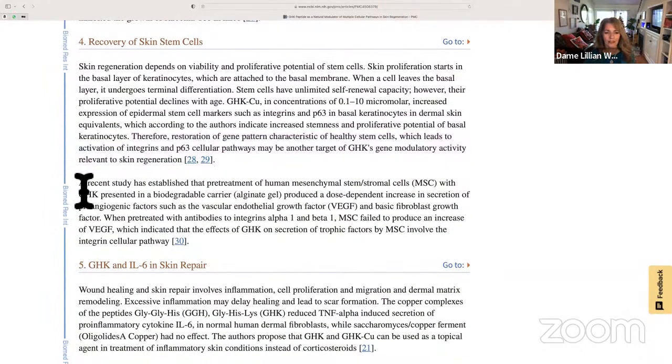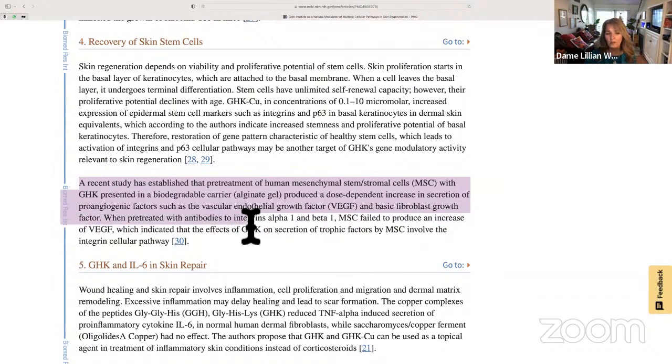A recent study has established that pretreatment of human mesenchymal stem cells / stromal cells with GHK presented in a biodegradable carrier, here alginate gel, produced a dose-dependent increase in the secretion of proangiogenic factors such as vascular endothelial growth factor and basic fibroblast growth factor.